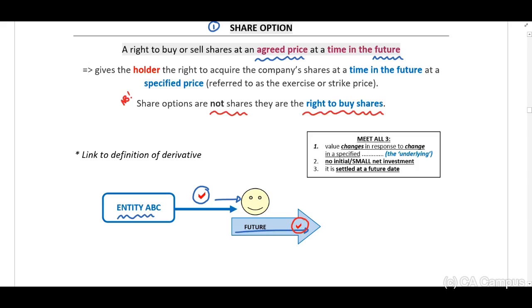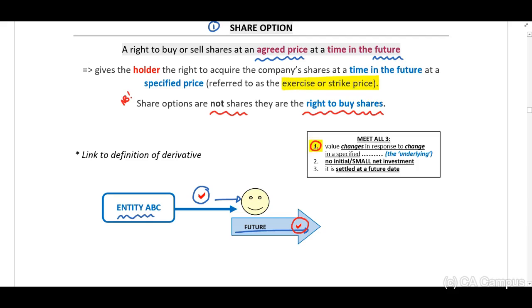Now let's link this to our definition of a derivative. First definition, the value should change in response to a change of an underlying variable. Now, our employee has the right to purchase shares. Now, this right at a specified price. The specified price we will refer to as the exercise or strike price.